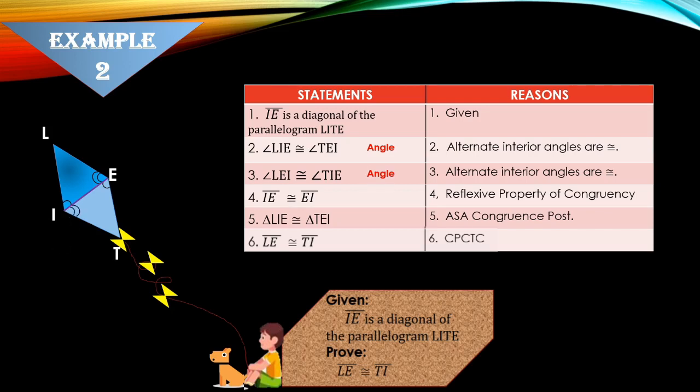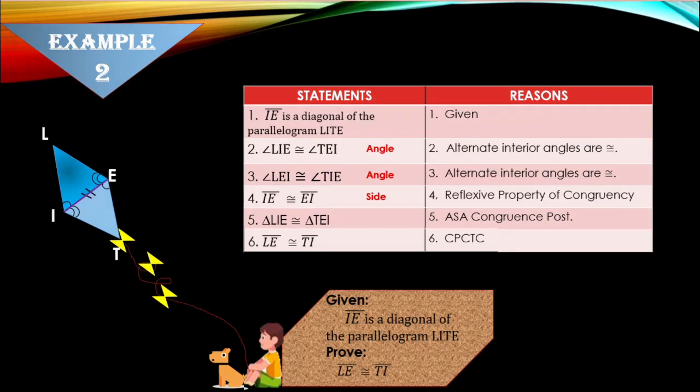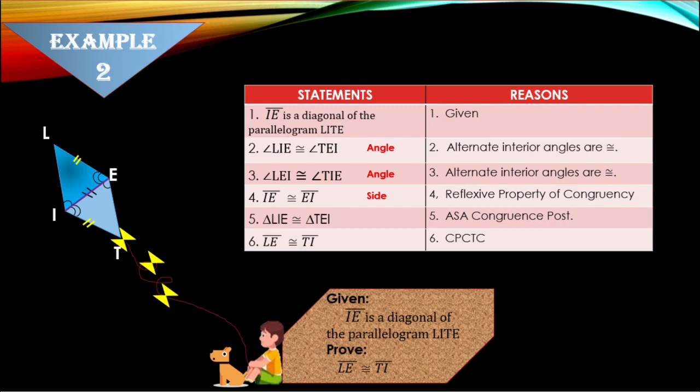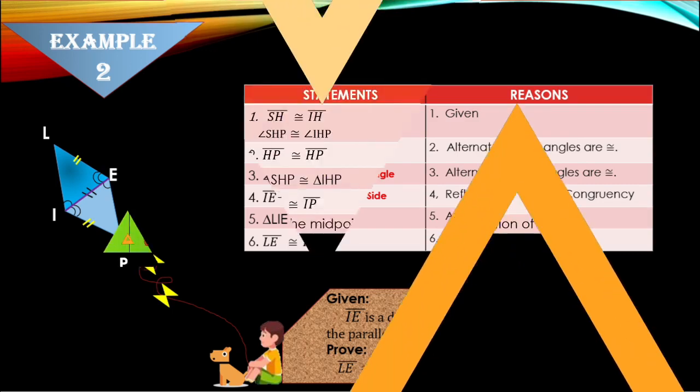Alternate interior angles are congruent. Number 4. Segment IE is congruent to segment EI. Reflexive property of congruency. Number 5. Triangle LIE is congruent to triangle TEI by ASA congruence postulate. Therefore, we can prove that segment LE is congruent to segment TI by CPCTC.